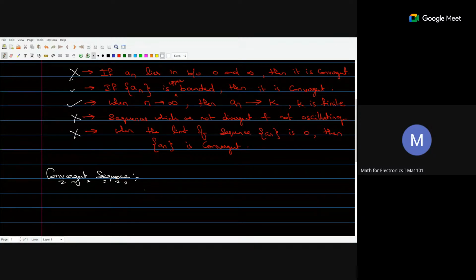So what kind of sequence do I call convergent? As I mentioned, every sequence will be like this: A1, A2. These are all real numbers lined up in order, and so on. There will be the nth real number in this sequence, and so on. This goes to infinity.